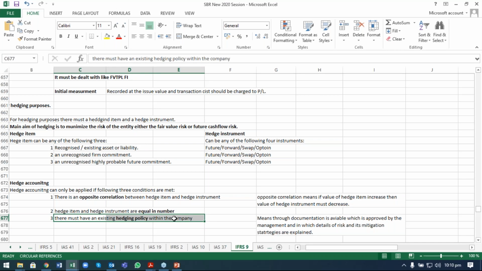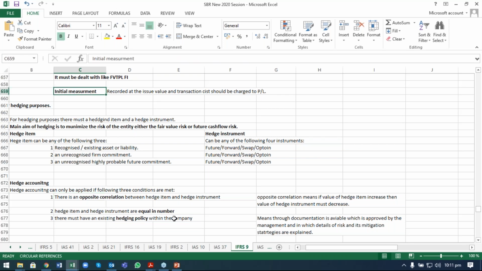The treasury department or the risk management department must have already created a policy document that if such risk comes up, then we are going to hedge this risk using such techniques. So there must be a documented policy available. If any of these conditions is not met, you cannot apply hedge accounting.